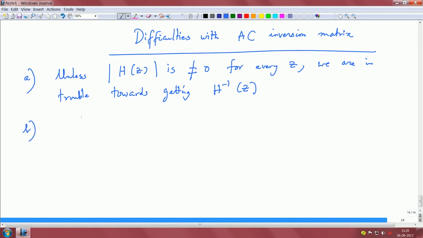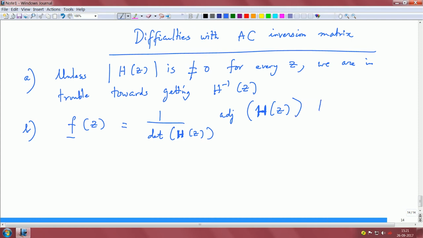Second, we have F of z, that is the synthesis filters, can be realized as 1 over determinant of H of z adjoint of H of z times T of z. Now, you see the difficulty here.